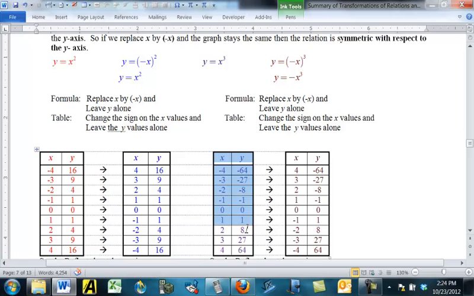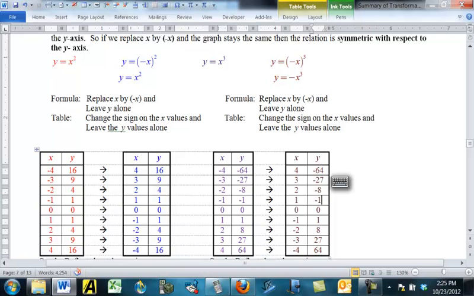Here it is in purple as y equals x cubed. We are changing the sign on x. Notice it's underneath the cube, so it's changing x to minus x, leaving y alone. When we take a point from its preimage to its image, we change the sign on the x. This point in the preimage is in the third quadrant, and its image is in the fourth quadrant.